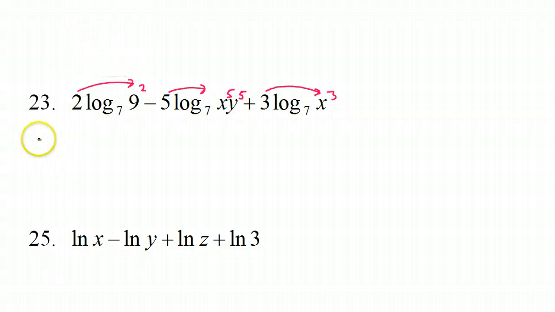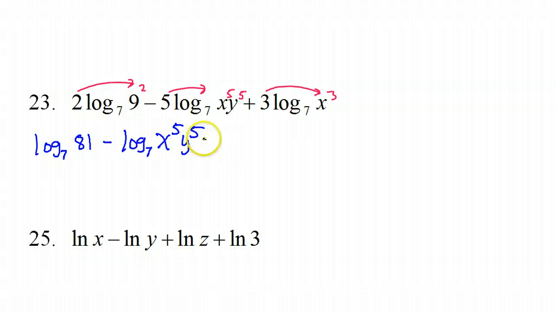Okay, so what I really have is log base 7. Look, 9 squared is 81. So that's minus log base 7 of x to the 5th power y to the 5th power plus log base 7 of x to the 3rd power. Alright, so that's the first step. Second step, any term that's positive is going to contribute a factor to the numerator.